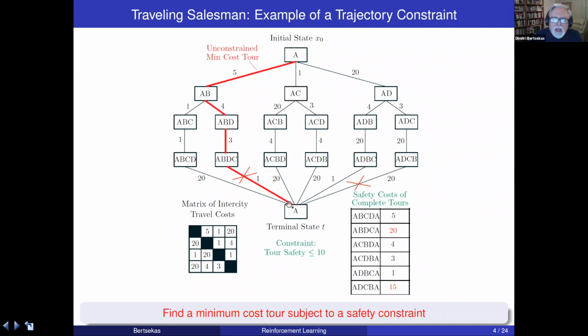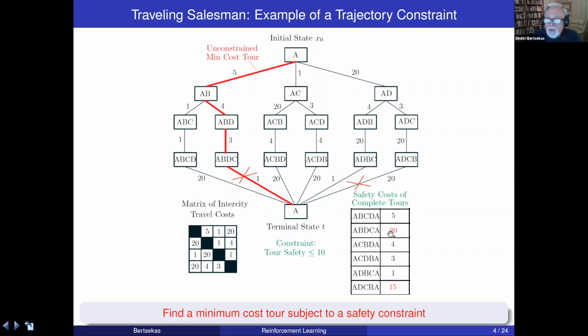Now, suppose that there are some constraints here. In particular, there's a safety constraint that we have to obey. And each tour has a safety index or cost associated with it, which is numerical. And we're required to find the minimum cost tour out of those tours that satisfy this constraint, where the safety index is less than 10.